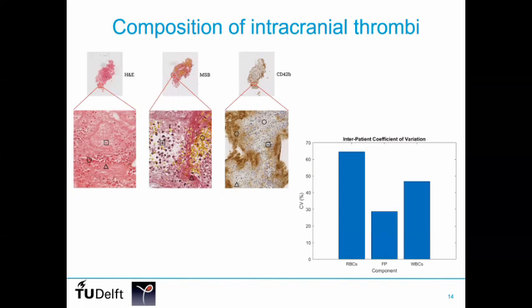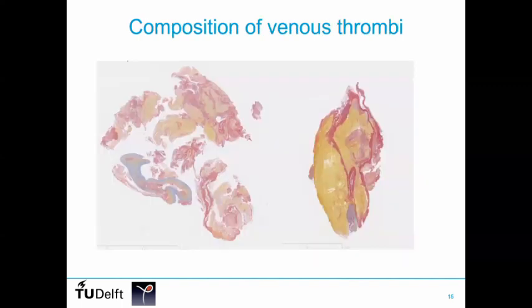So this is pretty well quantified, and consistent data have been shown in intracranial thrombi. This is a very recent work from 2 weeks ago, where we did the first histology of venous thrombi taken from patients, and if anything, they're more complex.